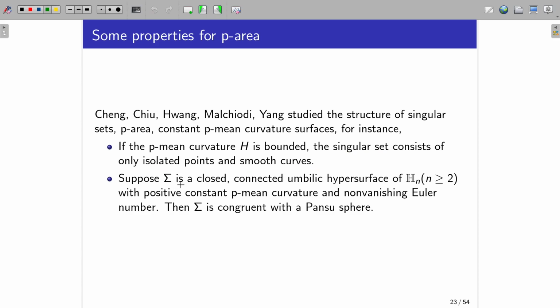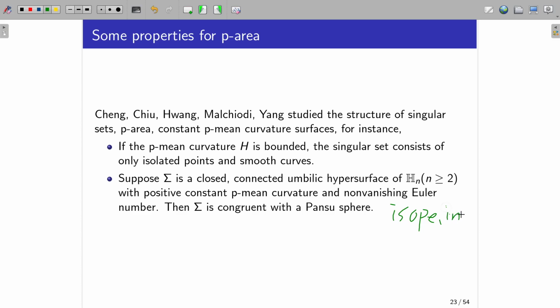Suppose sigma is a closed and connected umbilic hypersurface in H^n for n greater than or equal to 2 with constant positive p-mean curvature and non-vanishing Euler number. Then the surface is congruent to the Pansu sphere. The Pansu sphere is a model and also the sharp case of the following conjecture, which we call an isoperimetric inequality.